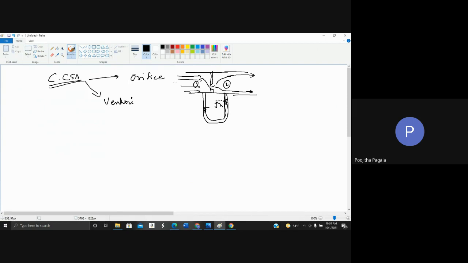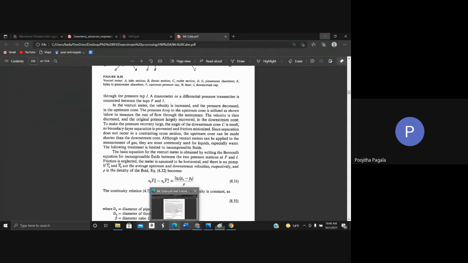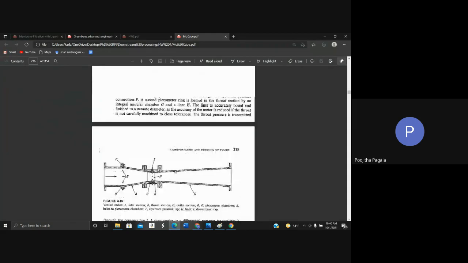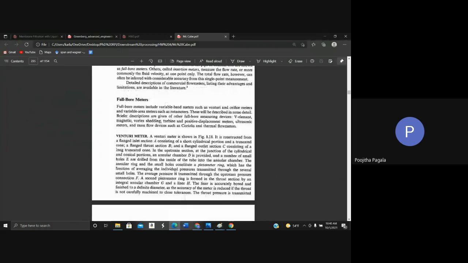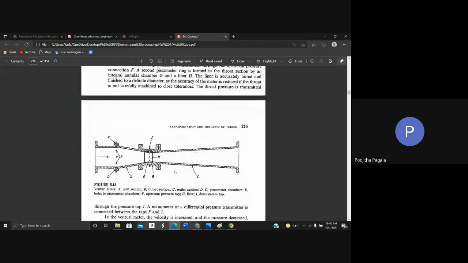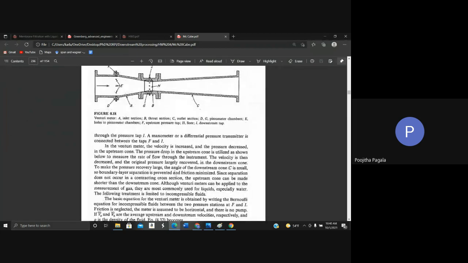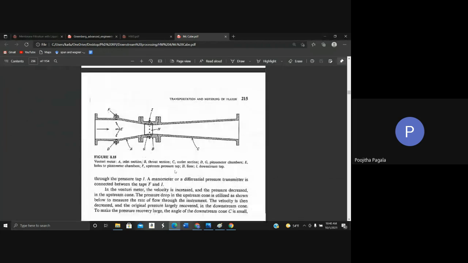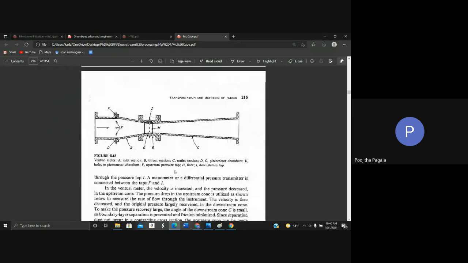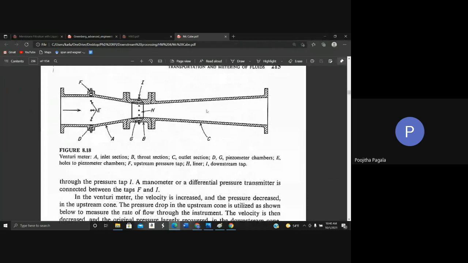Based on this pressure difference, you will be able to calculate the velocity of the fluid. I will go through the derivation. I'll show you the derivation in McCabe and Smith. You can refer to it as well. If you look at this, they have done the derivation for a Venturi meter. In a Venturi meter, they have taken 2 points.